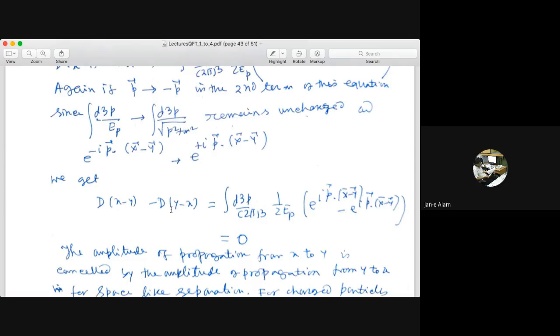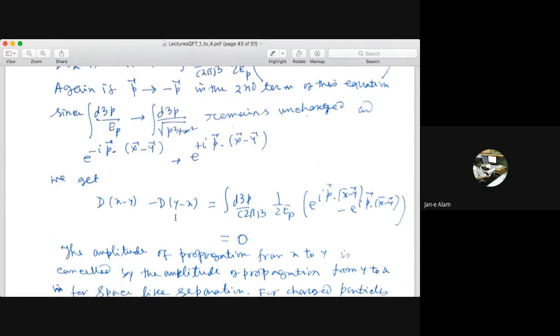In the first day we have seen that amplitude was non-zero for any arbitrary value of x and y. But here what we see today is that for a space-like domain, that means the domain which is not causally connected, the propagating amplitude for the particle going from y to x is exactly cancelled by the amplitude going from x to y.